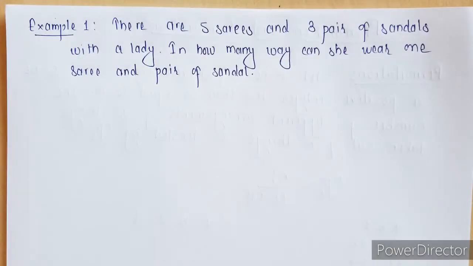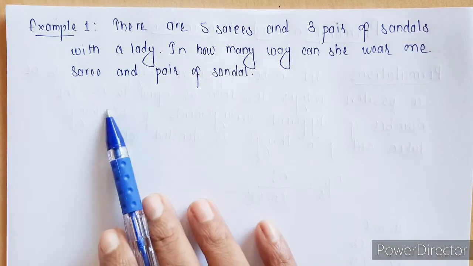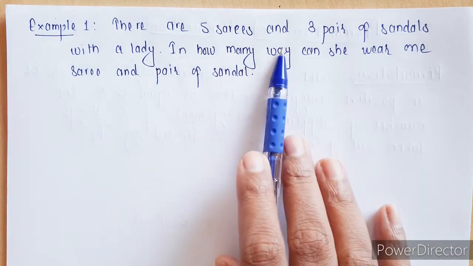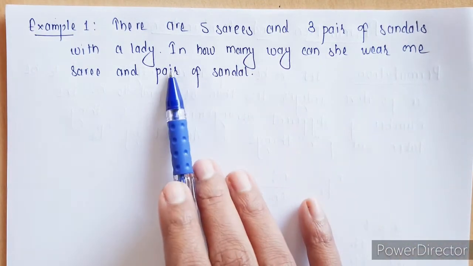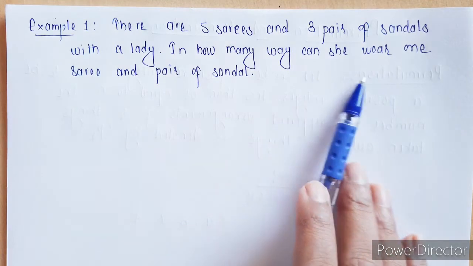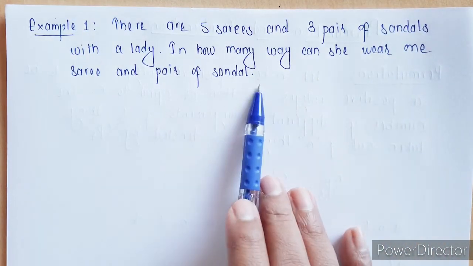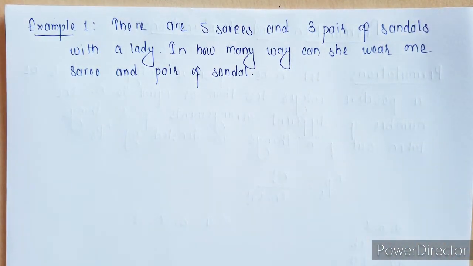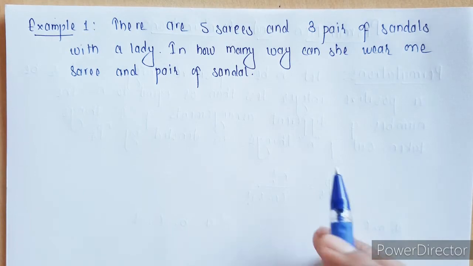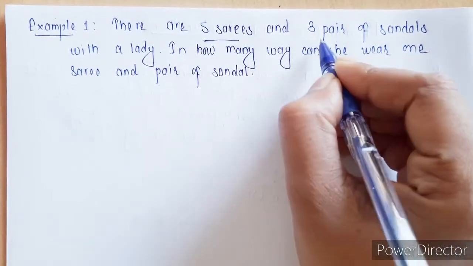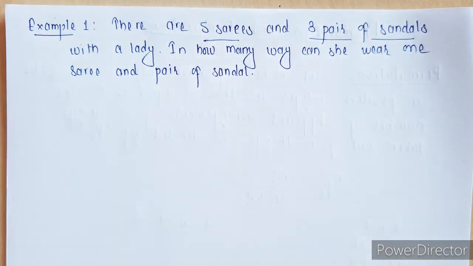Let's discuss some examples. Example 1: there are 5 saris and 3 pairs of sandals with a lady. In how many ways can she wear 1 sari and 1 pair of sandals? Now we have 5 saris and 3 pairs of sandals with a lady, and how many ways can she wear 1 sari and 1 pair of sandals at a time.